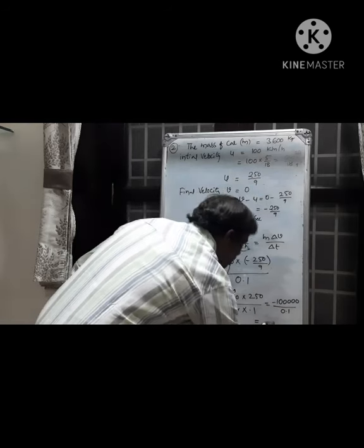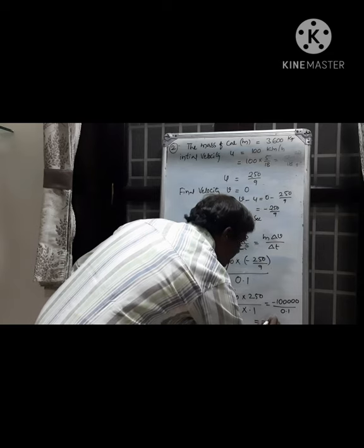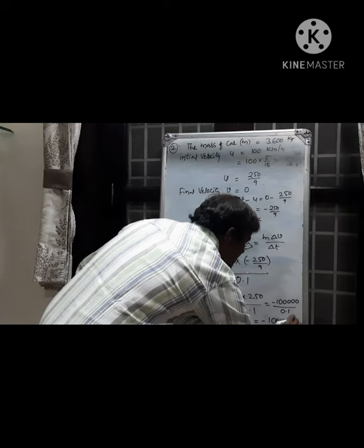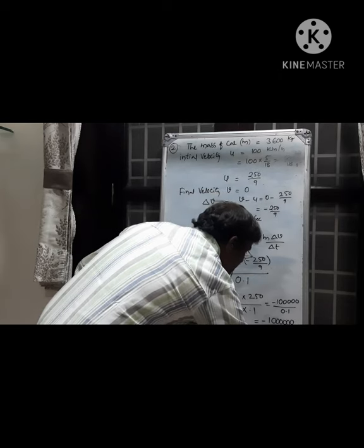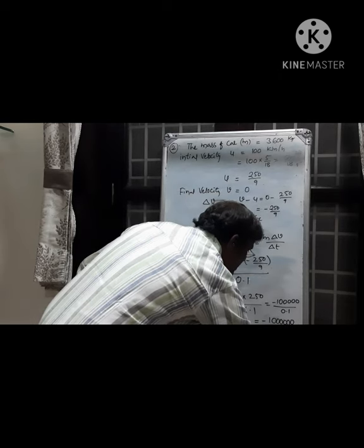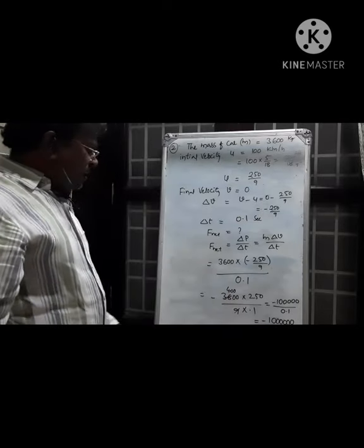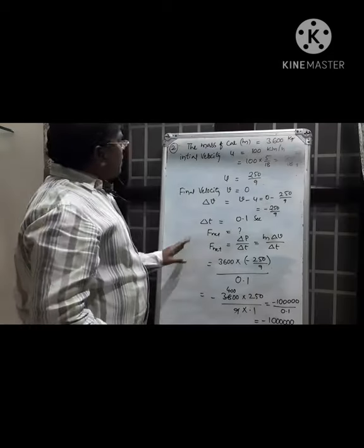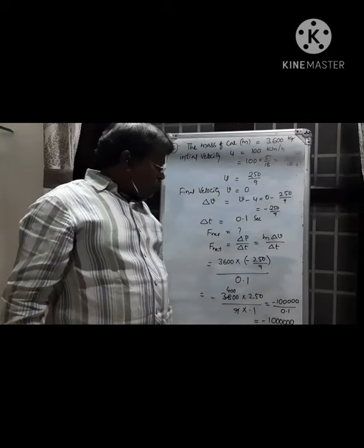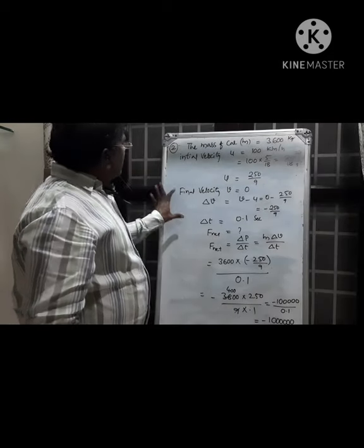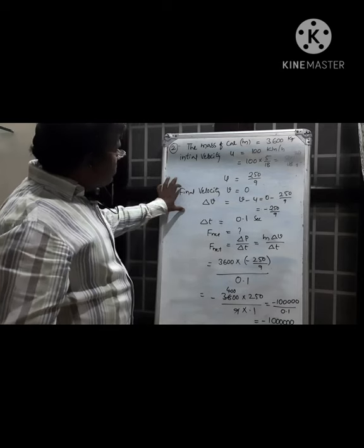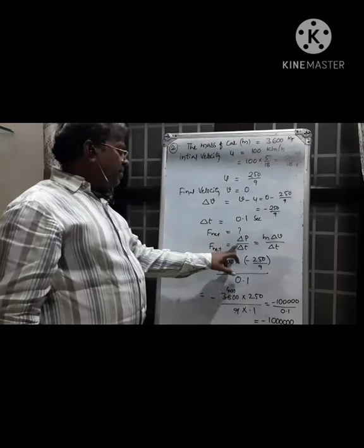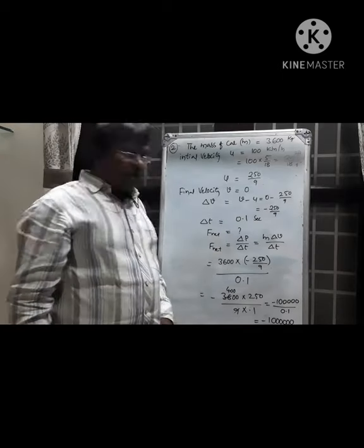Then one more zero will come in the numerator. That is equal to minus 10 raised to 6 newtons. The minus indicates the direction of the force on the car, that of the collision. So here we have made use of Newton's second law, that is F net is equal to delta P by delta T. Like this we can solve the problems.